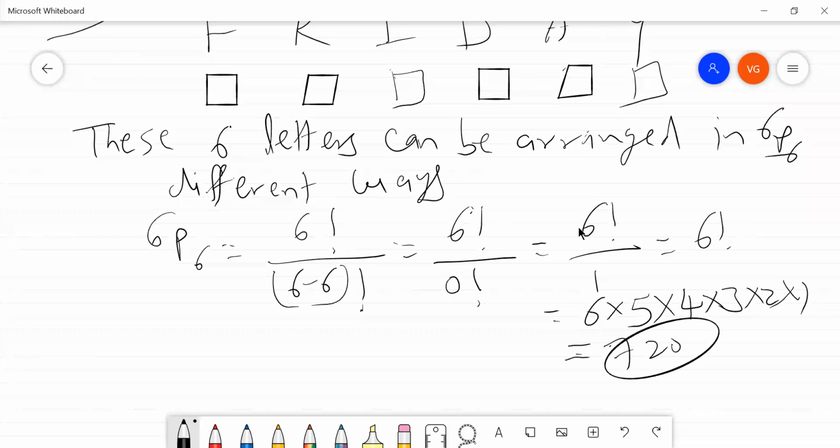So the letters of the word Friday, which are 6 in number, can be arranged in 720 different ways.